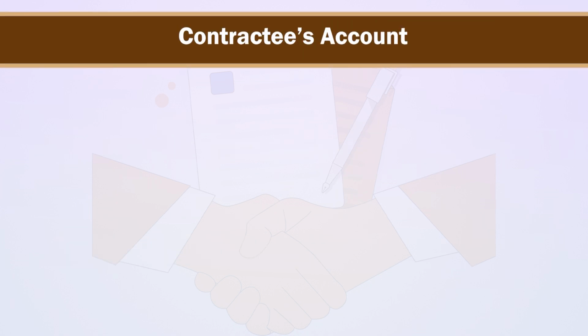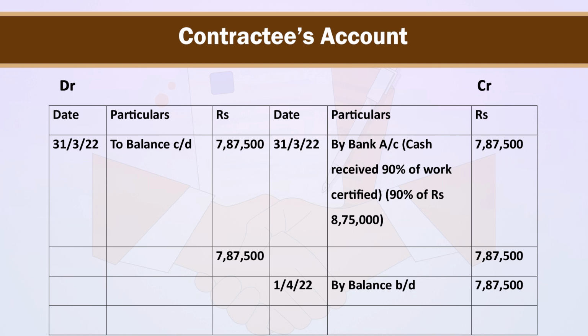Now next we will prepare contractees account. On contractees account on debit side on 31st March 2022 to balance carried down rupees 7,87,500, and on credit side on 31st March 22 by bank account amount is rupees 7,87,500.